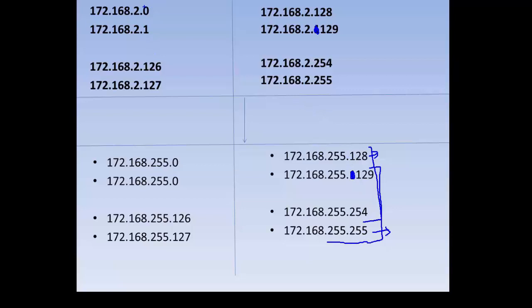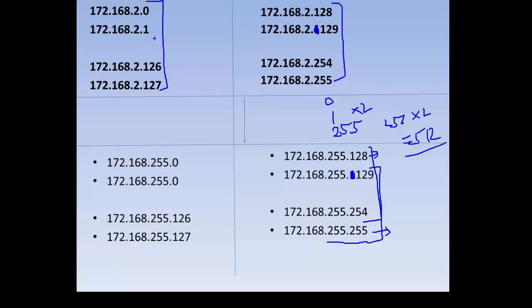So in each value, like in 2, you are getting two octets. In one octet, this value can vary from 0 to 255 in the third octet. In each there are 2, which means 256 multiplied by 2 will be equal to 512 subnets we got here. Got my point?